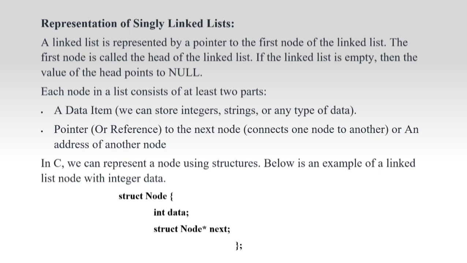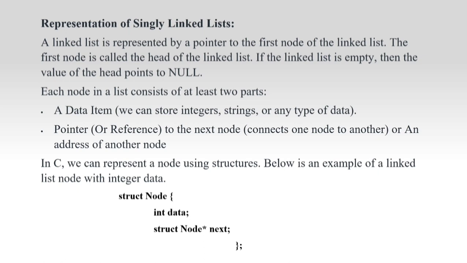Node is the name of the structure. As I already said, there are two parts, right? The integer part is the data, and the struct node star makes it a self-referential structure, so it refers to the address of the next node. Star next is the pointer which will refer to the address of the next node. I hope you understand, right?